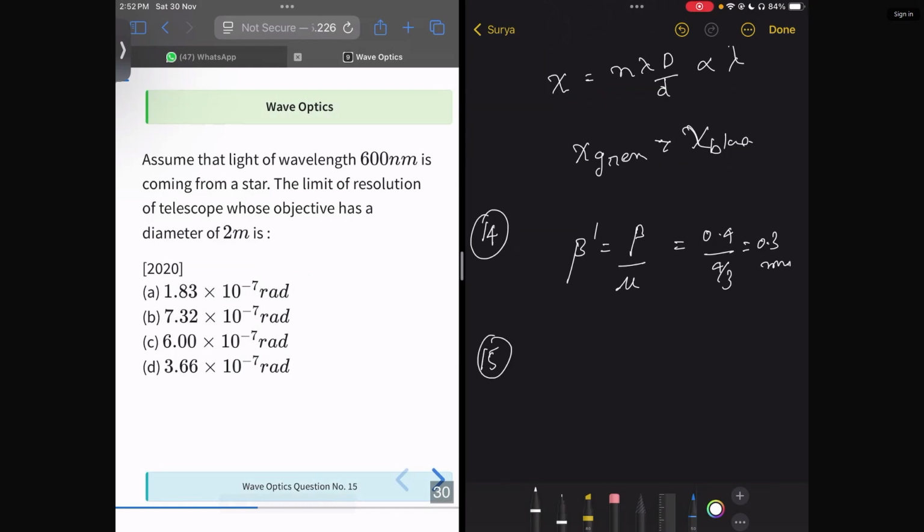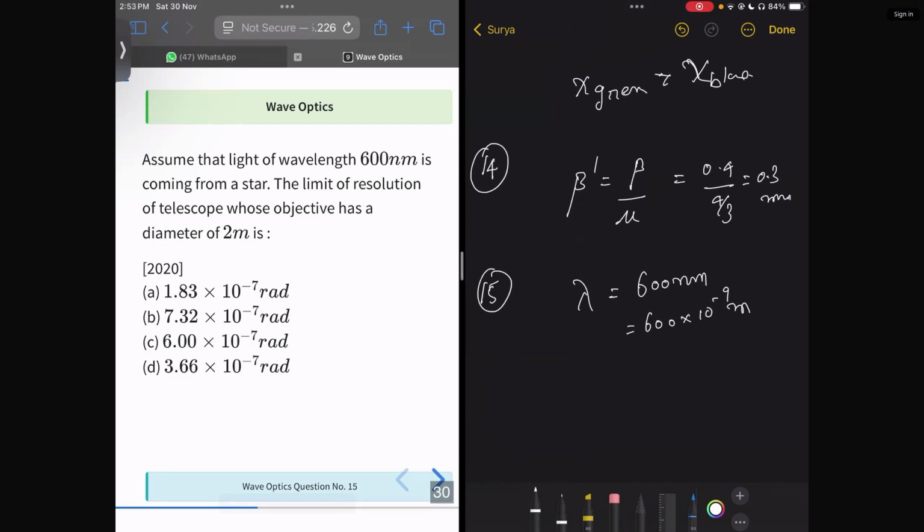15th question. Assume that light of wavelength 600 nanometer is coming from a star. What is the limit of resolution of a telescope whose objective has diameter 2 meter? The wavelength given is 600 nanometer, so it will be 600 into 10 power minus 9 meter.